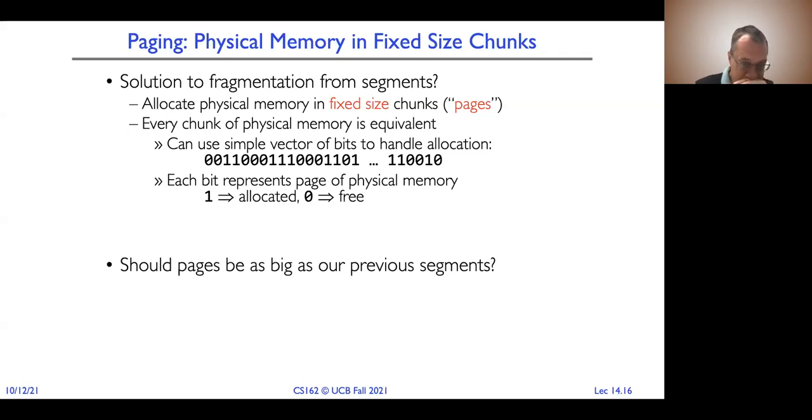Now, what about the size of the pages? If the pages are too large, again, all pages have the same size. What is the problem if the pages are too large? Wasted space, internal fragmentation. Excellent.